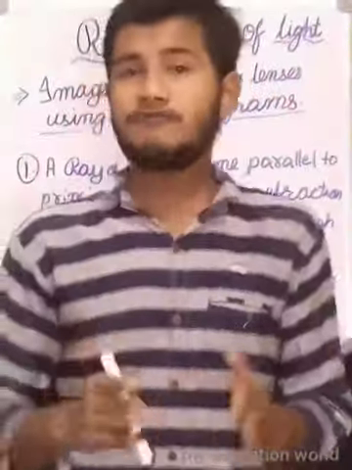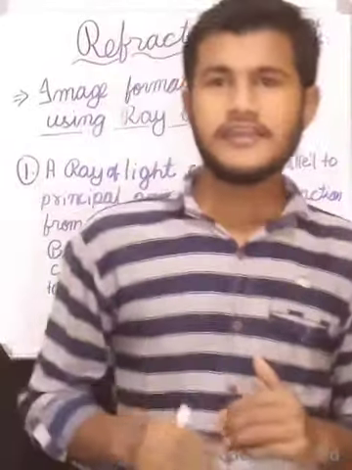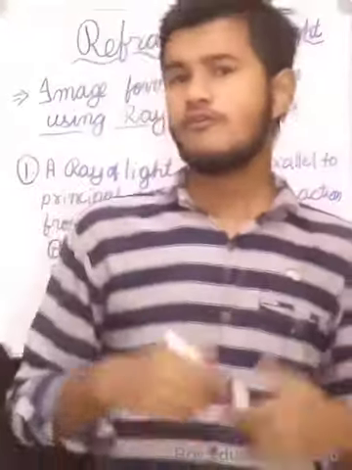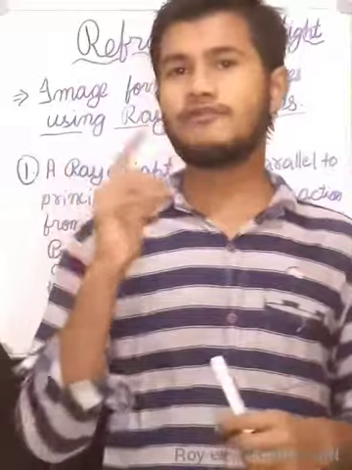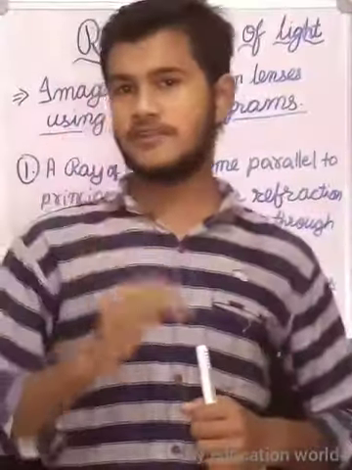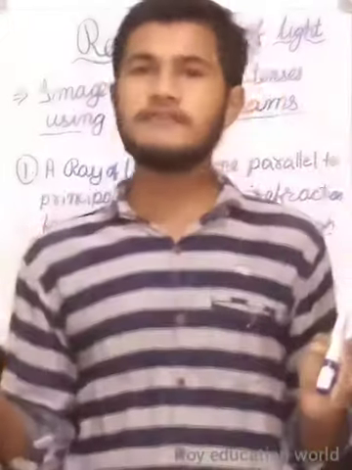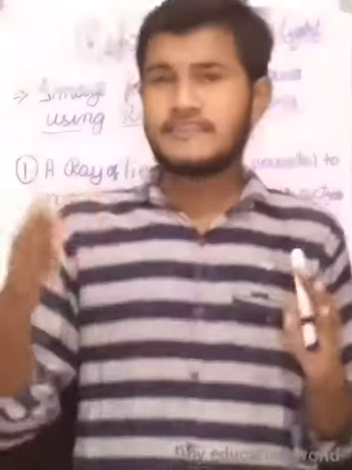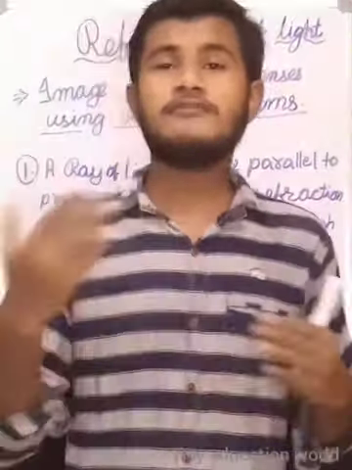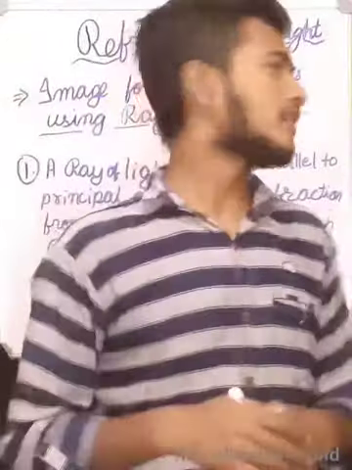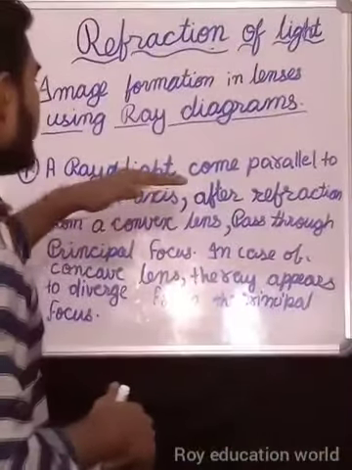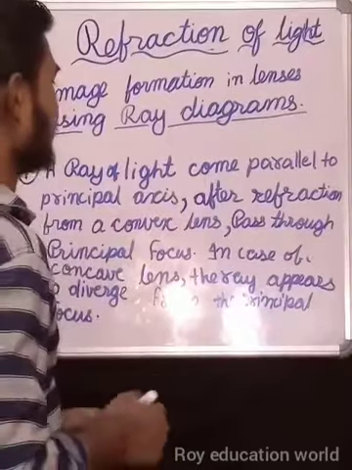So, when a ray of light comes parallel to the principal axis, after refraction it passes through the focus in case of a convex lens, and in case of a concave lens, it appears to diverge from the principal focus. Let us see here. A ray of light comes parallel to the principal axis.